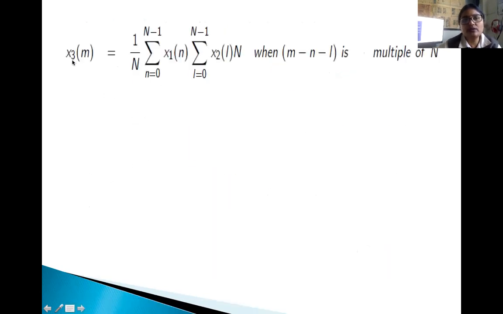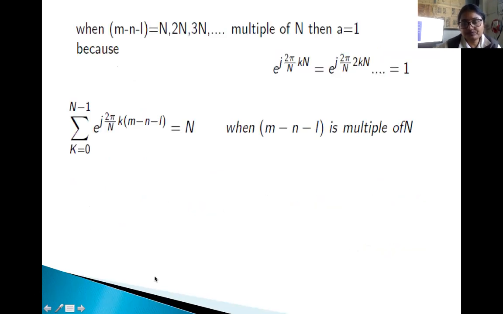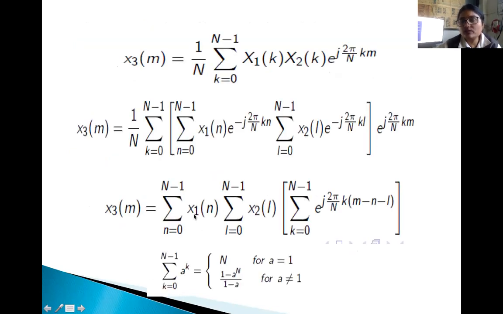So further we will substitute here. There are 3 terms which we have considered. The first term is x1 of n, the second term is x2 of n, and the third term is this exponential term. The value of this exponential term we have just calculated. Its value is going to be capital N. One more thing is remaining, that is 1 by n, which is not written here.